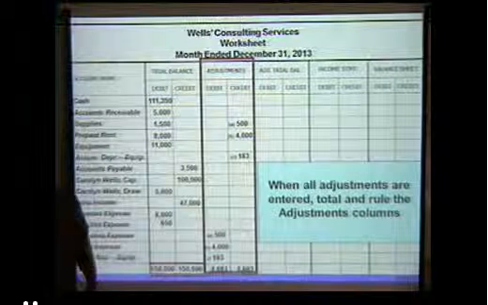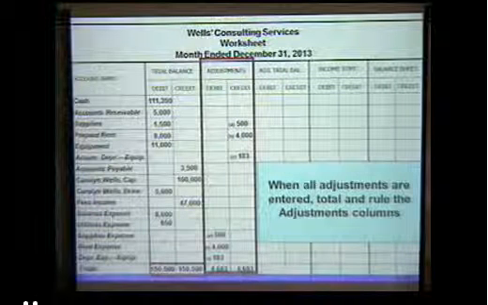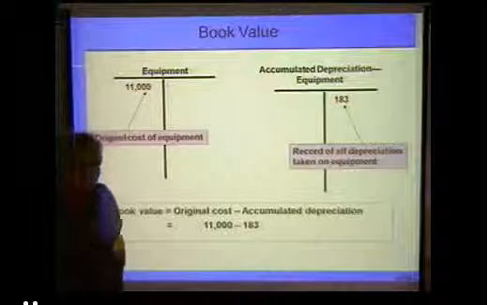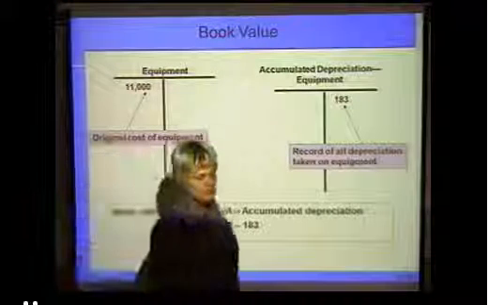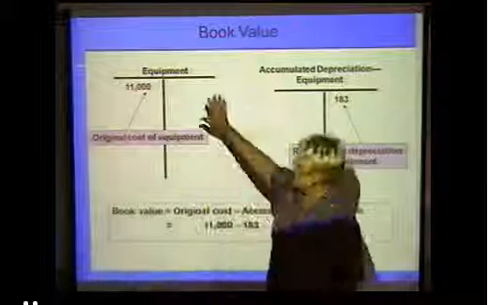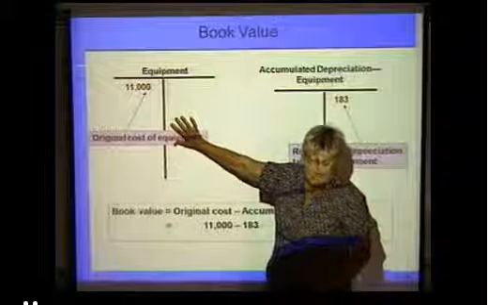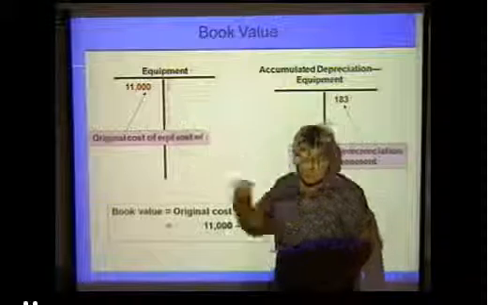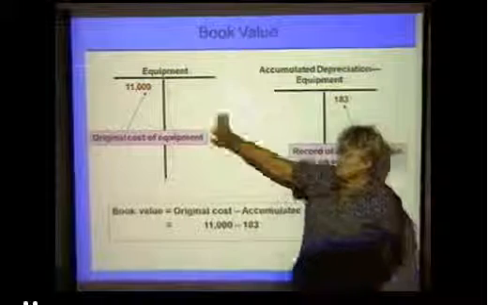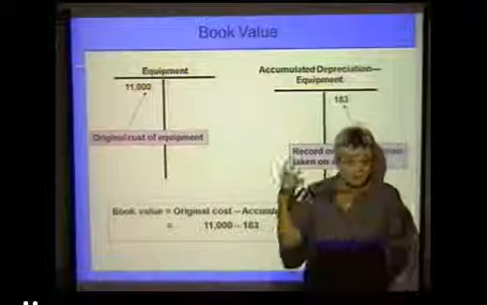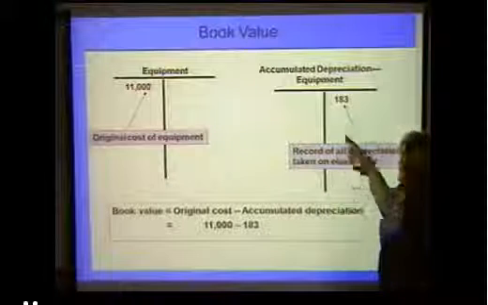Now before we go, we're going to look at what we're doing as we're accumulating this depreciation. We have our equipment, which always shows the original cost, always. We don't do anything with that unless we sell it sometime, and then that's when we do something to that account. Otherwise, we're just keeping up with accumulated depreciation, which is how much we're accumulating each month.